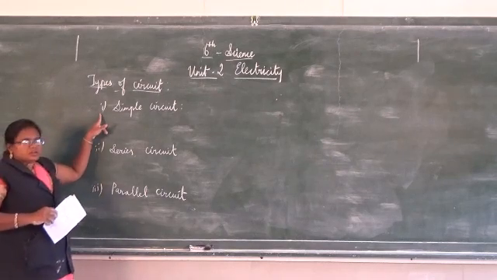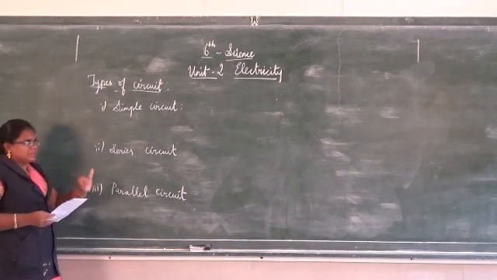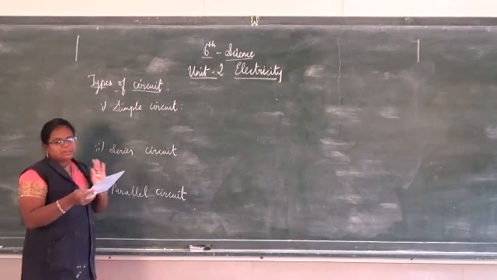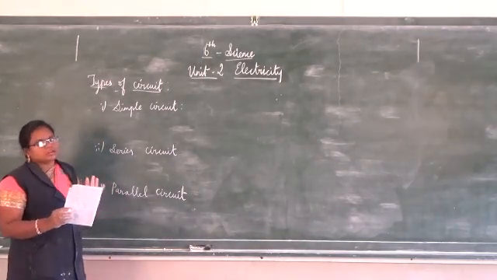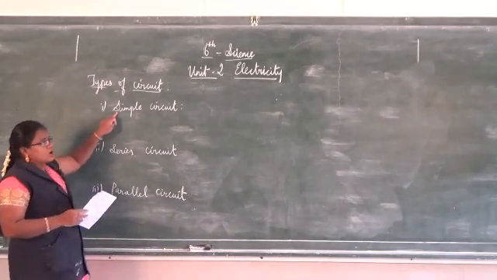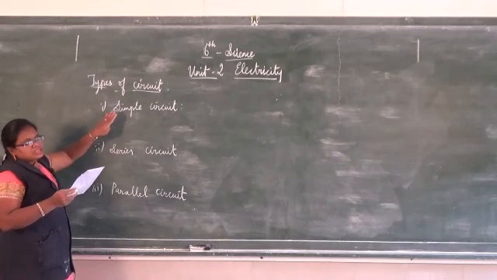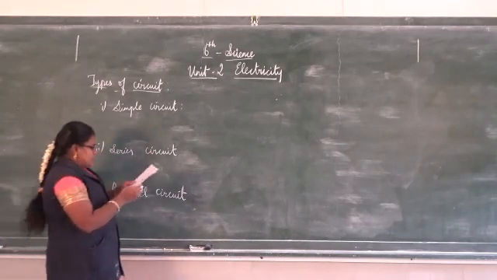For open and closed circuit we had seen a key, only certain things. For example, cell, battery, bulb, connecting wire. Only these four things alone are there, it is called a simple circuit. It has no complication, so it is a simple one. Understand? What will be there?